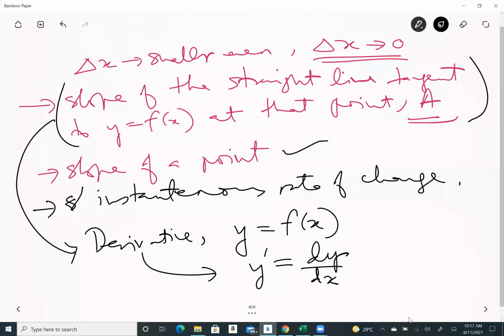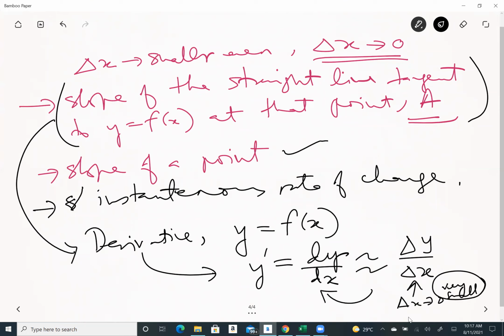So dy dx is actually coming from delta y over delta x. But this delta x is very, very small. Delta x approaching 0. So the change is for a very small change in x, so we call it dx. You don't call it delta y over delta x anymore; you call it dy dx. But it comes from the change, delta y over delta x.